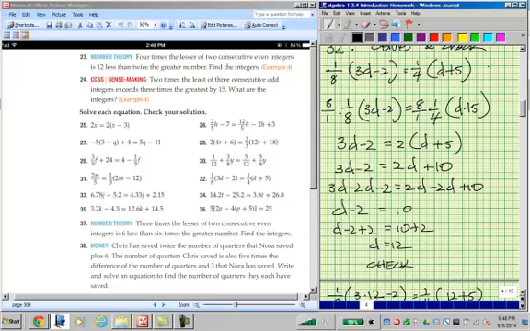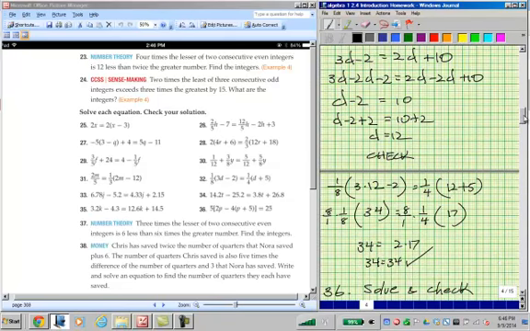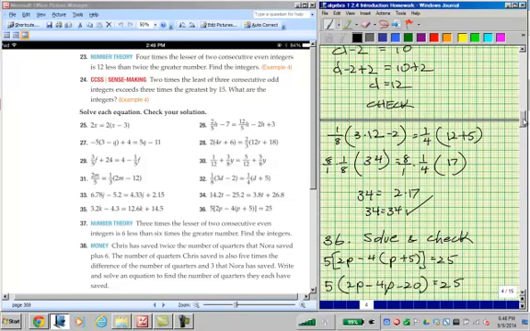But I do 8 over 1 times 1 over 4 times d plus 5, and that becomes 2 times d plus 5. Eliminate parentheses, combine like terms, get all the d's on the left side and the numbers on the right. I get d equals 12. I check it, plug it in. It checks pretty easy.